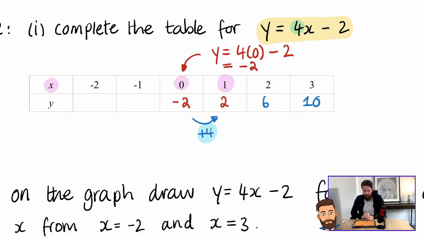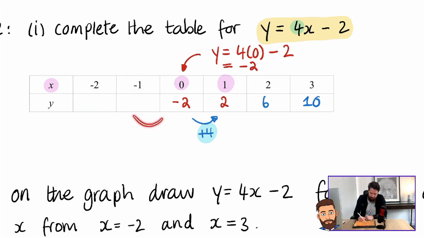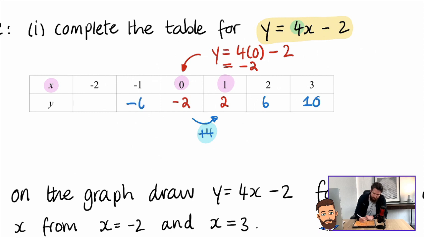the values separately. So how do we get these ones down here without having to substitute in -1? Well, if this is going up by 4, to go down we must take away 4. So if I'm at -2 and I take away 4, it's going to get me to -6. So we have -6 here.